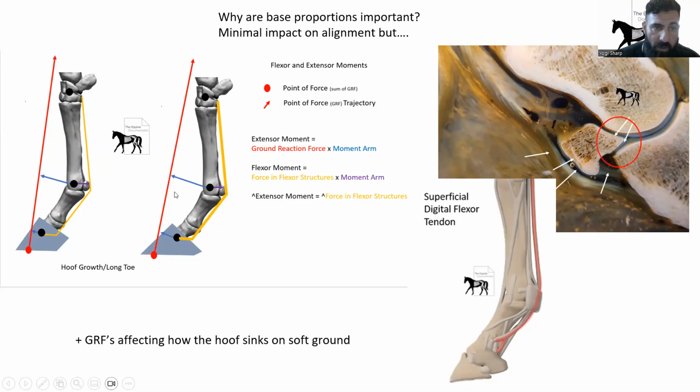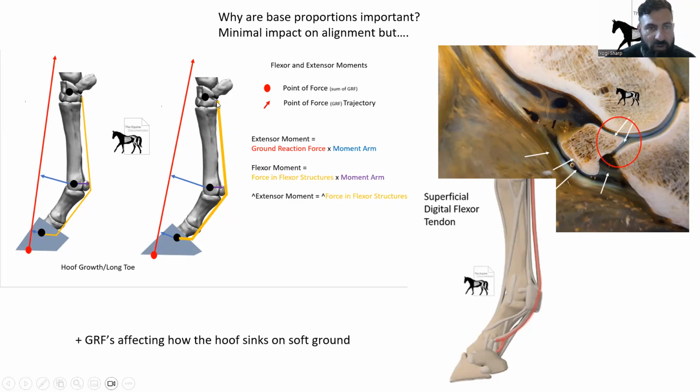You don't really need to completely understand the physics of this. I've talked about the physics in other webinars, but the point is that the longer our toe is, the more collapsing force is produced on the limb.